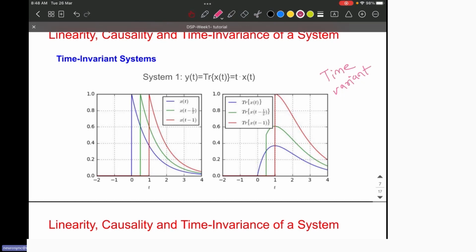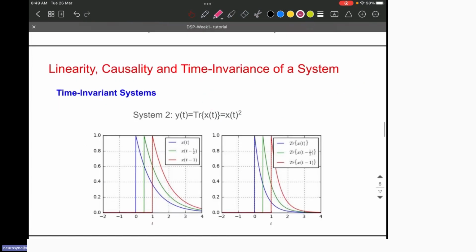Now let us take the second example. In this case, the system expression is y of t is equal to x of t square. Again, we have considered the input signal shifted by half and the input signal shifted by 1.